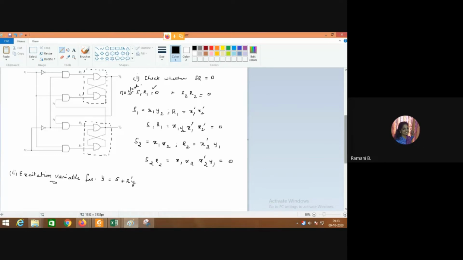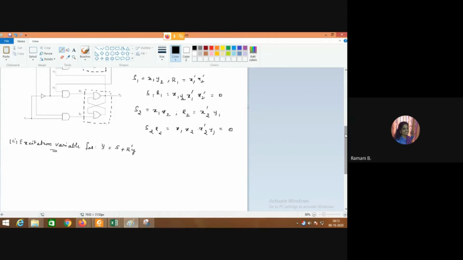With respect to these two latches, Y1 is equal to S1 + R̄1y1. When writing for the first latch, everything should be given the subscript 1. For the second latch, it will be subscript 2. So Y2 is equal to S2 + R̄2y2. Okay.